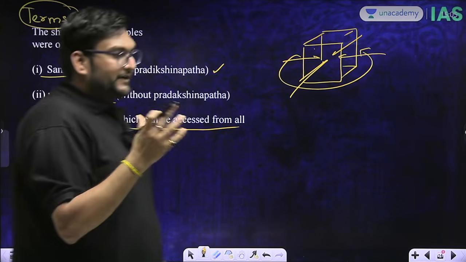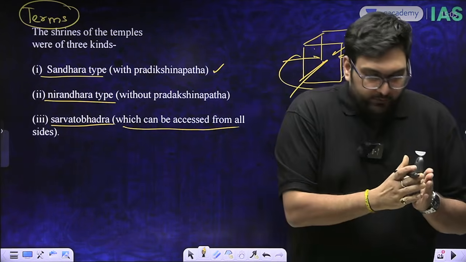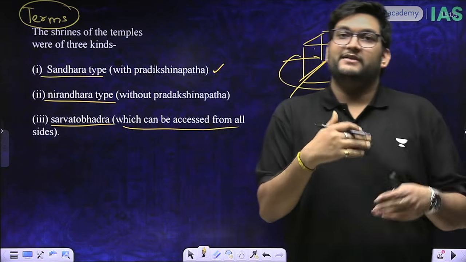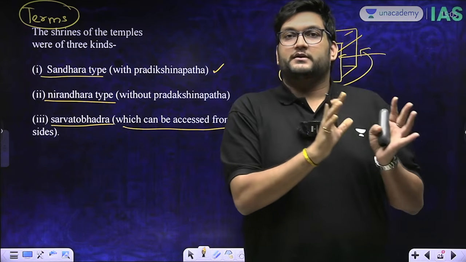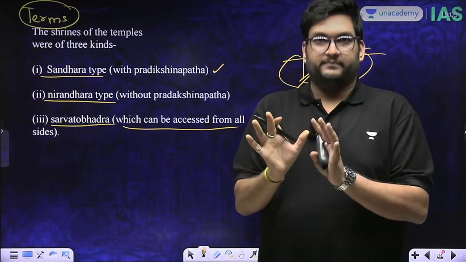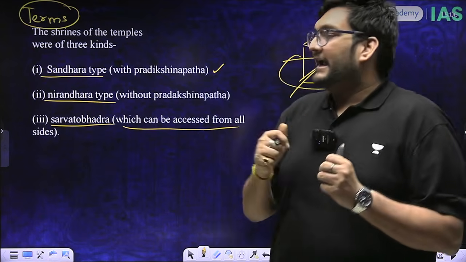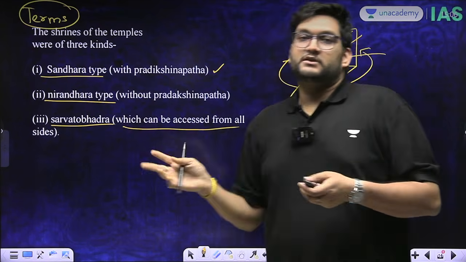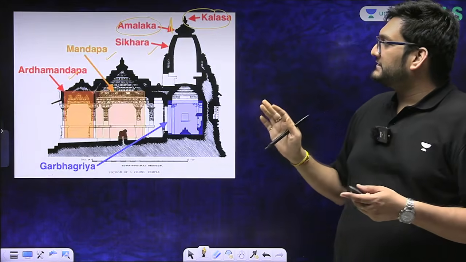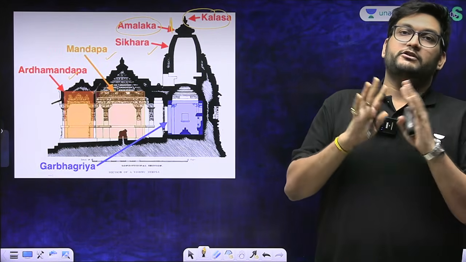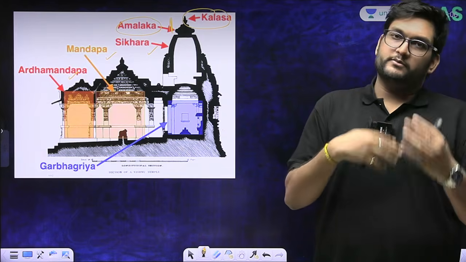So what we have learned is that from the Gupta period onwards, there is a 5-step development of temple architecture in North India specifically, which in turn leads to the basic features of a temple. And with the use of these terminologies, along with the basic features of a temple, temple design has become more and more common.